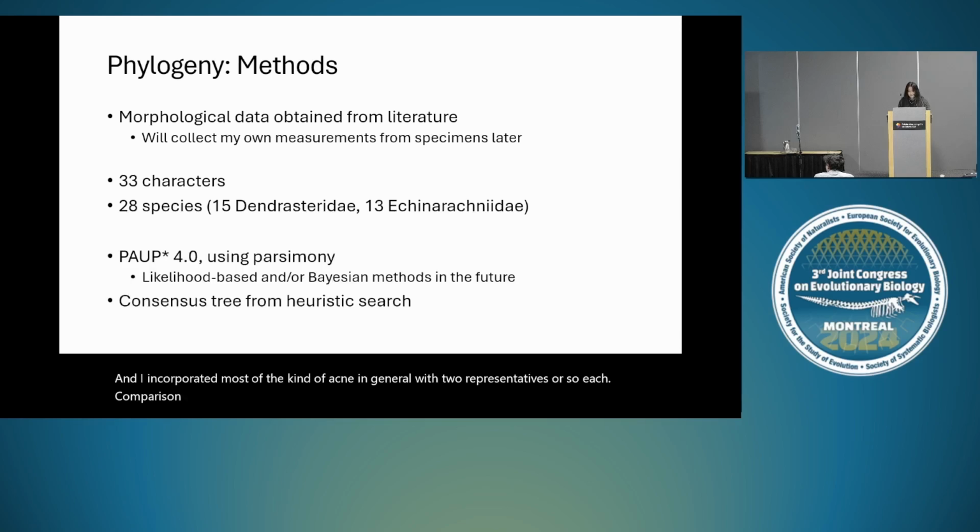And finally, unfortunately, I'm still in my small brain phase, so I used parsimony and PAUP, but I just wanted a quick parsimony tree to see what the majority signal was. And in the future, I will be implementing likelihood and/or Bayesian-based methods for a future tree. And also, you'll be seeing the consensus trees that I got from this heuristic search.